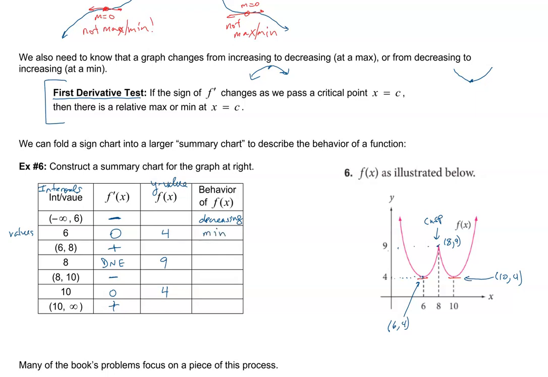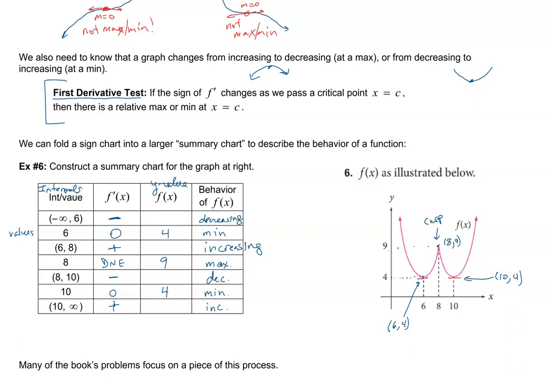We've got a minimum at that point 6, 4. Then the graph starts to increase. Positive first derivative means it's increasing. Then we hit a maximum at 8, 9. And then we're decreasing again as we approach x equals 10. We hit another min at x equals 10, and then the graph starts to increase again.